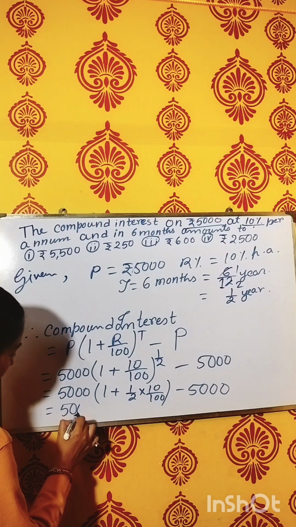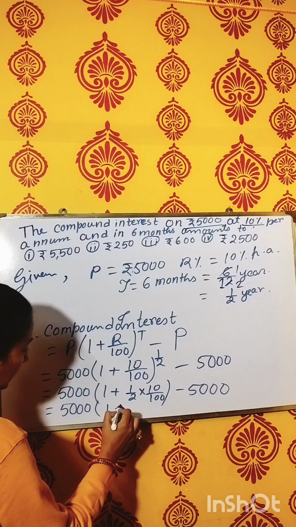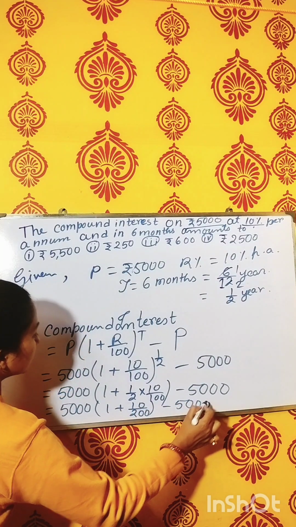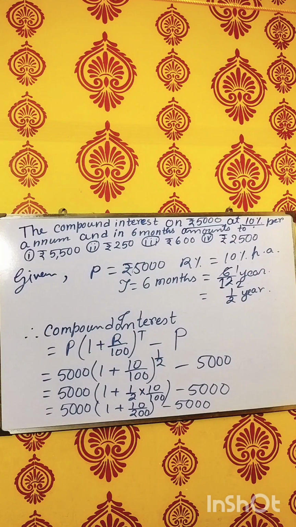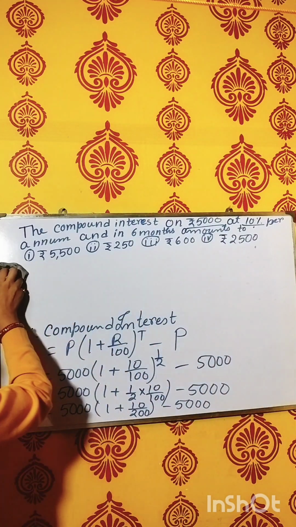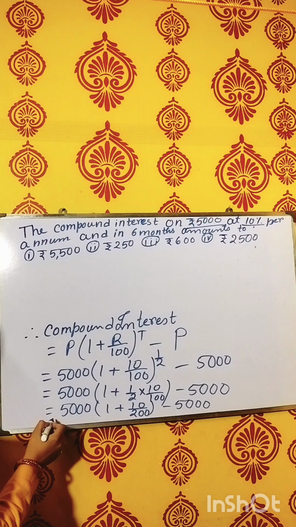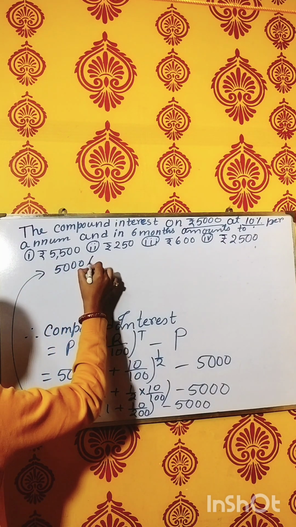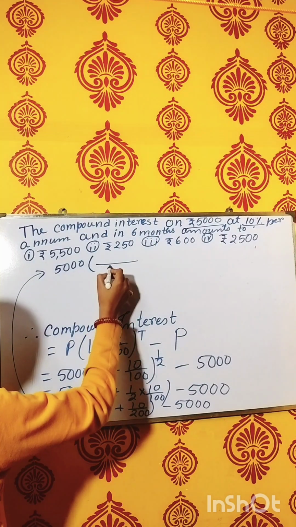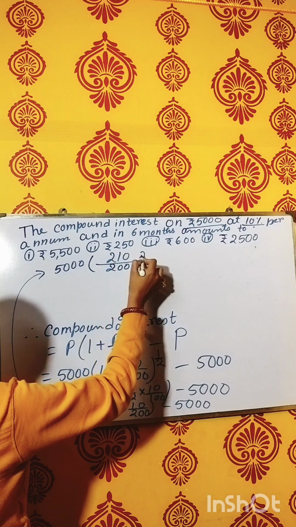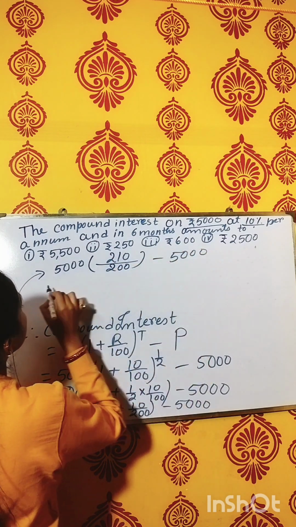Now this is equal to 5,000 multiplied by (1 plus 10 by 200), minus 5,000. Taking 200 as the LCM, 200 plus 10, that means 210, minus 5,000.